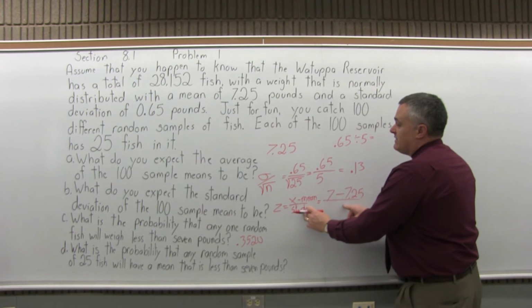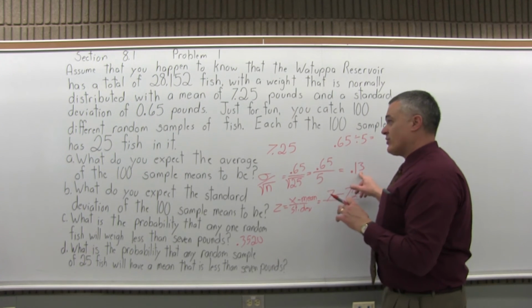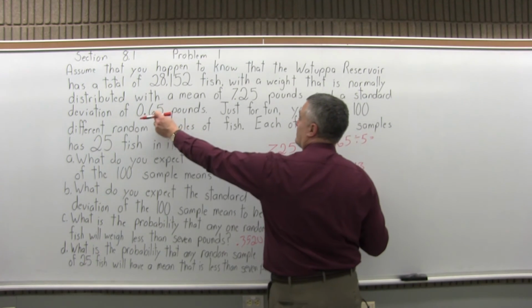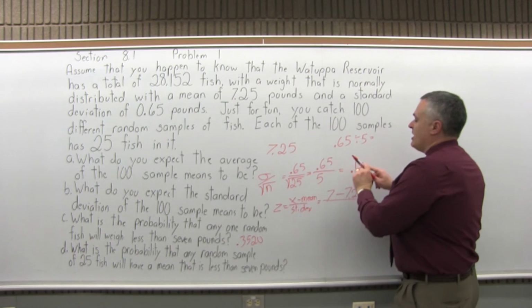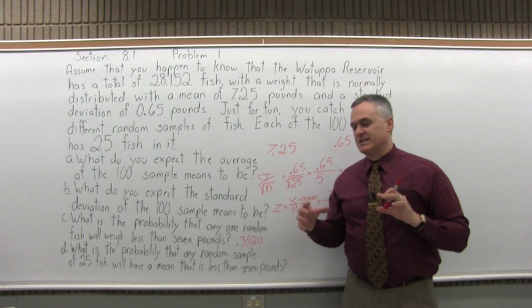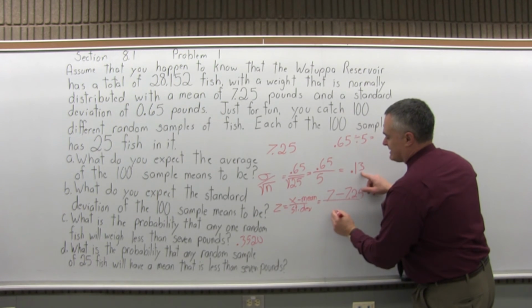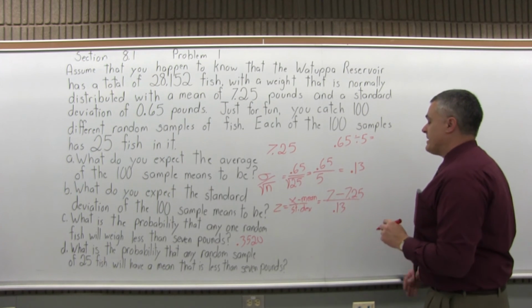Now the standard deviation, how spread out the sample means are, is the 0.13 number. It's not the standard deviation for the population. That's how spread out the fish are from one fish to the next. The 0.13 is how spread out the sample means are from one sample to the next. That's in the denominator. So now we can do the math.